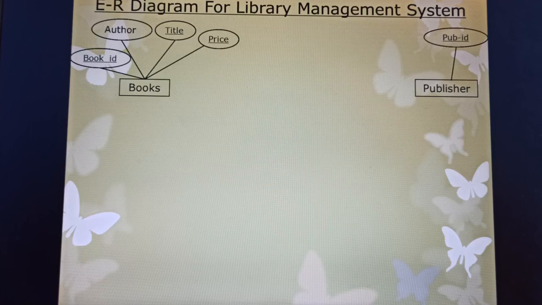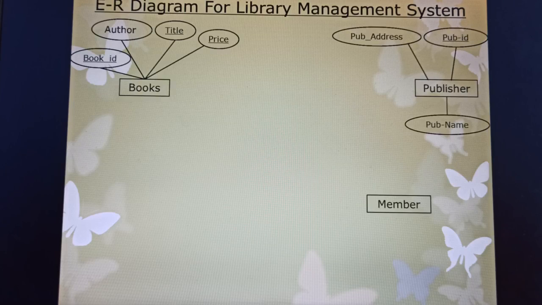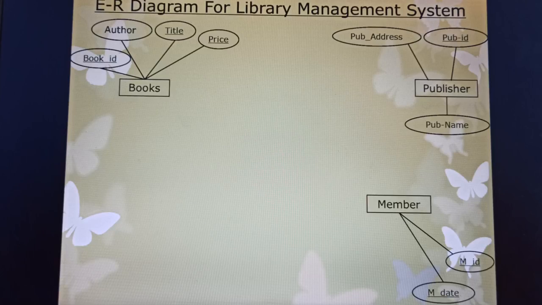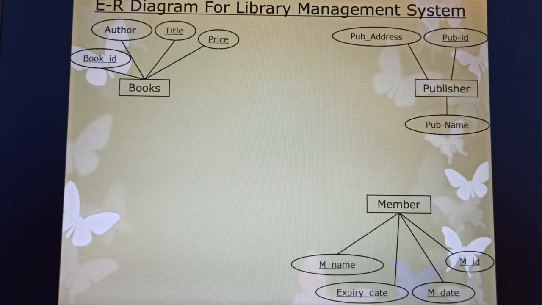Publishers are identified using publisher ID, address and name. Then library members are there. Therefore, member is the next entity. The member entity has attributes member ID, membership date, expiry date of membership, and member name.